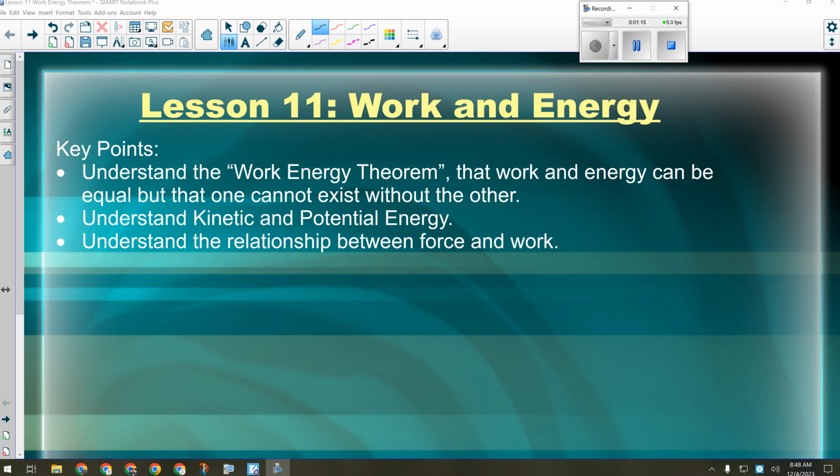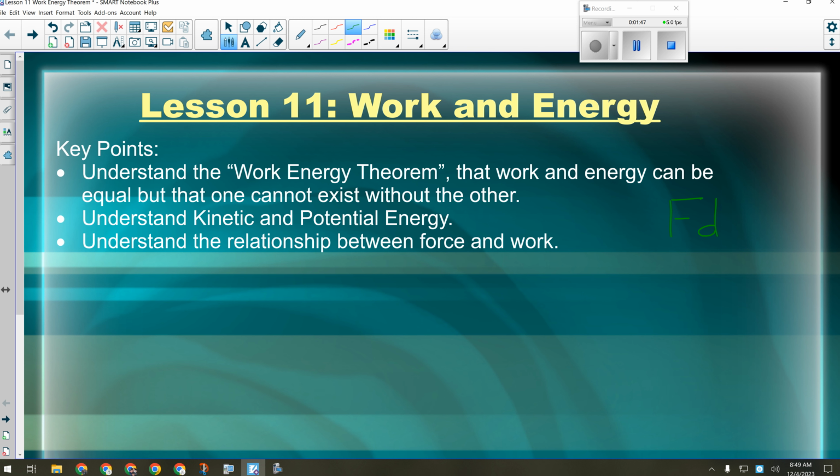So if I cause something to accelerate, then I'm going to change its velocity, either positively or negatively. If I want it to go faster, I would probably have to add energy. If I add energy, I have to exert a force on the object, and I have to do that over a distance.